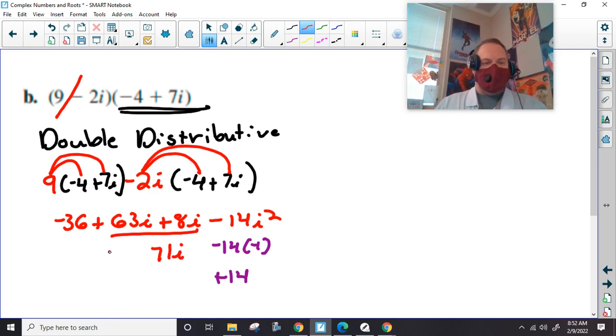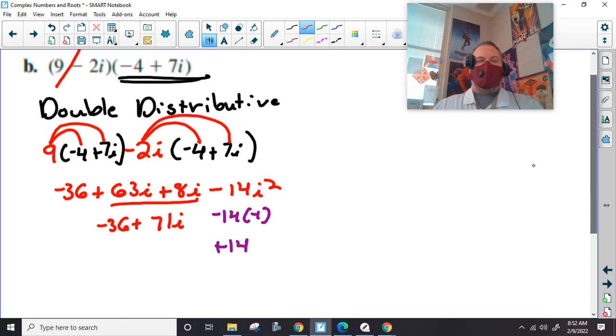And then this is 36, or negative 36. All right. I've had some students who see this negative 1, and the first thing they do is go back and change this to a positive 14. Some people have to do this step. It doesn't matter. But we know we're going to have to combine these two right here.